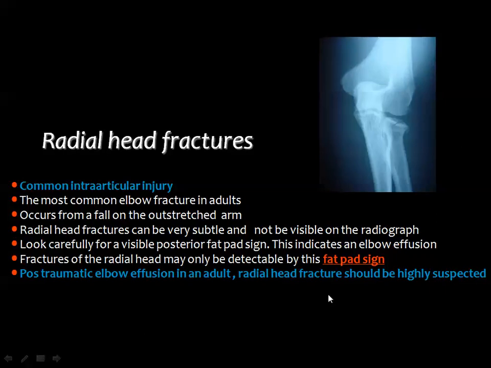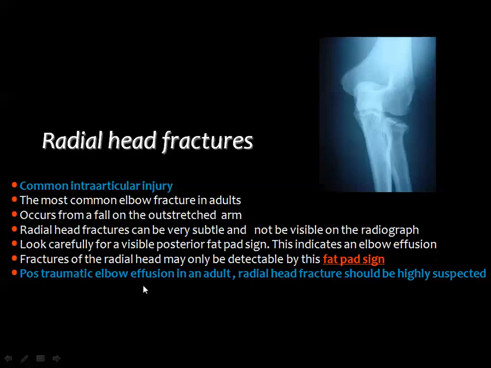And this is a very good sign, which is known as the fat pad sign for the detection of elbow joint effusion. This fat, I will show it in a moment, is very important whenever you see the fat pad sign indicating that there is a joint effusion after trauma.